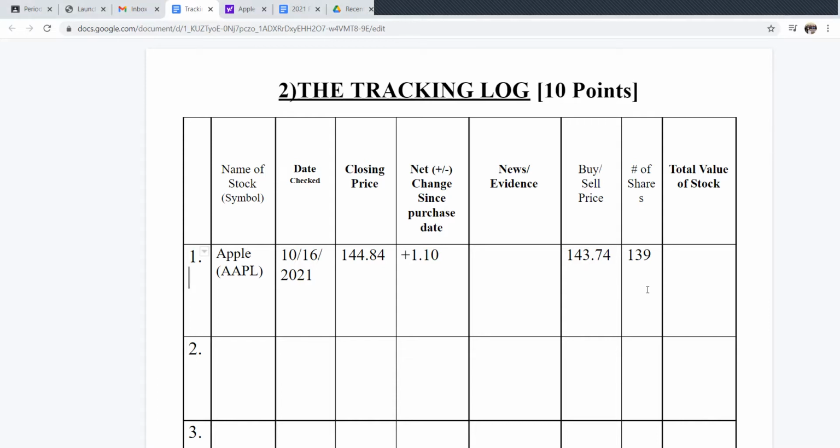I'm not going to worry about the cents. And I'm going to do this for each of my 5 stocks.